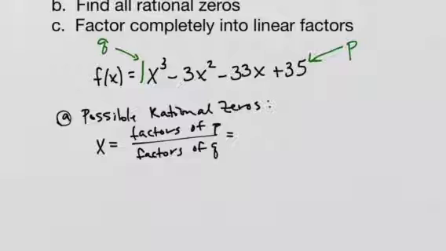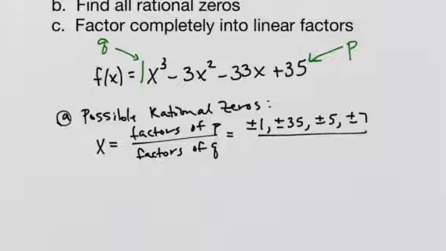So the factors of p would be numbers like 1 and 35. That multiplies to give us 35. But negative 1 and negative 35 also multiply to give us 35. So that's why we would say plus or minus 1, plus or minus 35. Similarly, positive and negative 5 and positive and negative 7 would be factors of 35. So those are all the factors of 35.